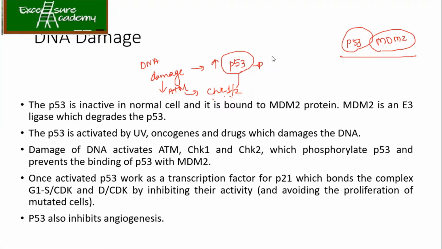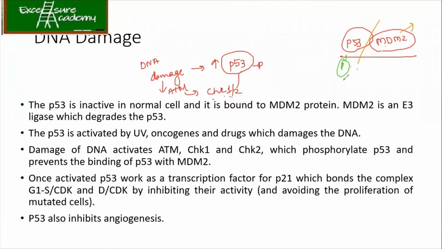Now, this P53 phosphorylation will prevent its binding to MDM2. Is this clear? Now what will happen? MDM2 will leave it, right? This will leave it. Now this phosphorylated P53 is present.